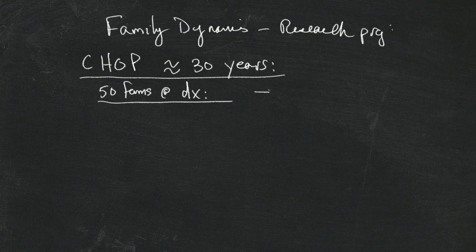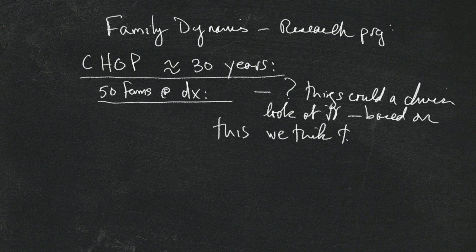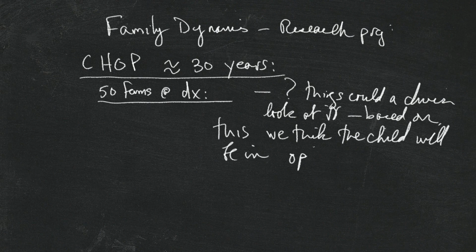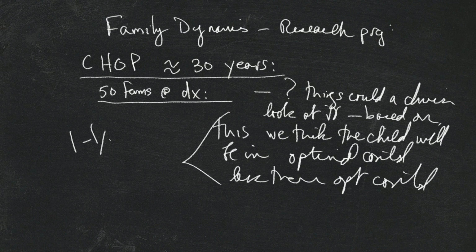They wanted to see what things could a clinician look at and say, based on this, we think the child will be in optimal control or less than optimal control 1 to 1.5 years after diagnosis.